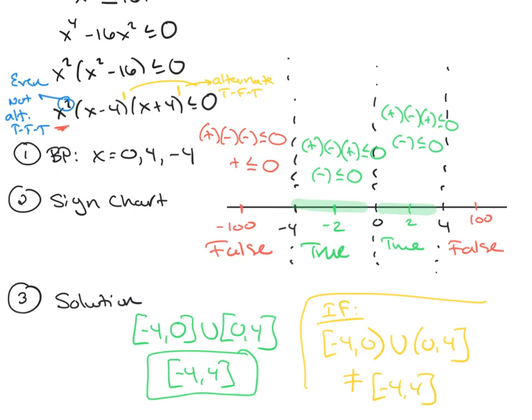So whether you have brackets or parentheses on the 0 in the middle, that tells you whether you can combine it into a single interval or have to leave it as 2. Okay, let's move to another type of nonlinear inequalities where we have rational inequalities.